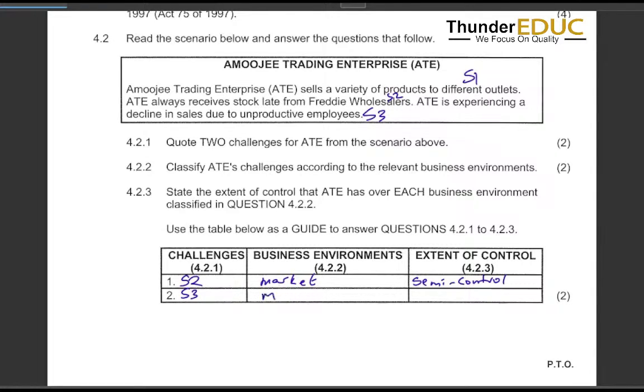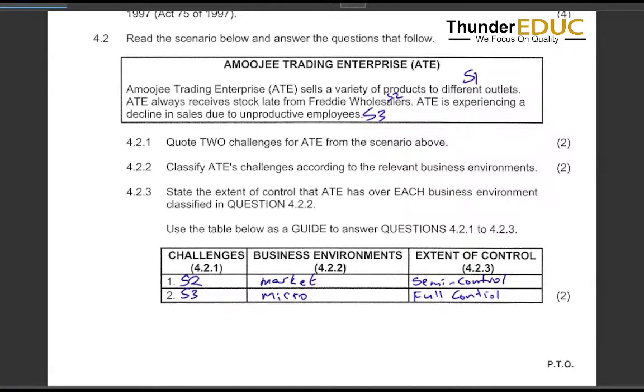So now this is going to be micro environment. And if you still remember, under micro environment, businesses are having full control. Why are they having full control? Because most of these components are found inside the business premises, unlike other environments like the macro, where most of the components are found outside the business premises.